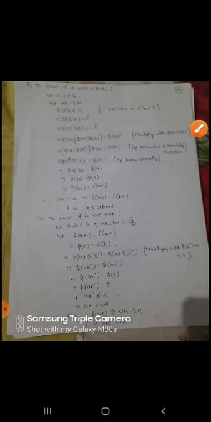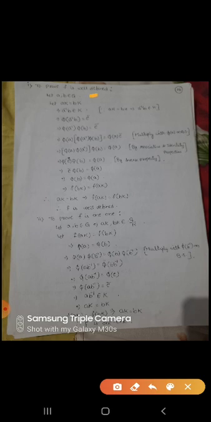So first, to prove f is well defined, let a, b belong to G and let aK = bK. That implies a inverse b belongs to K. So that implies phi(a inverse b) = e bar.